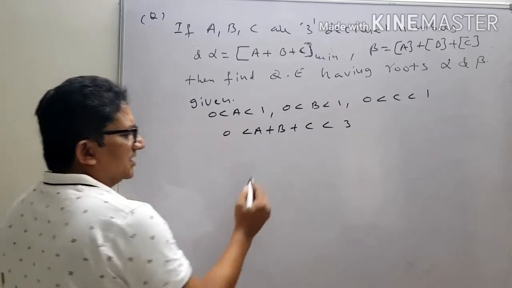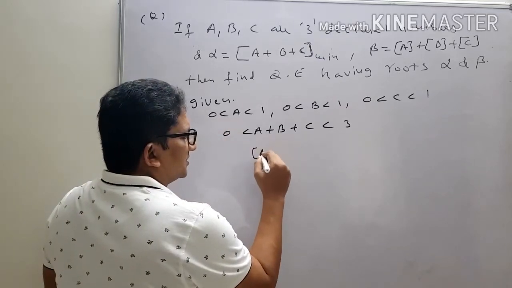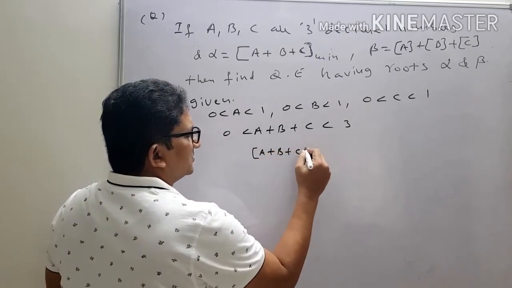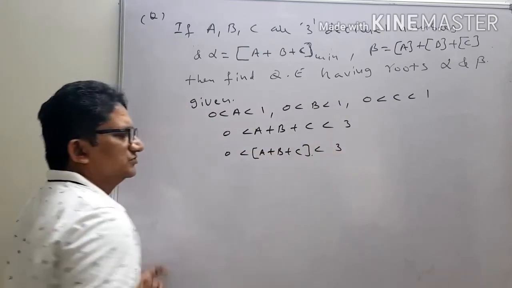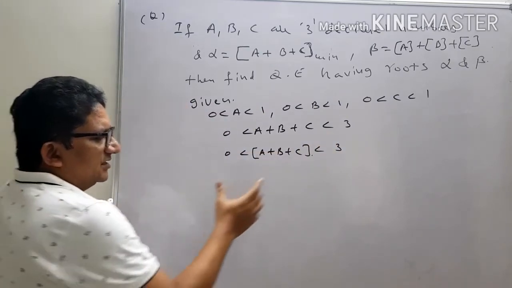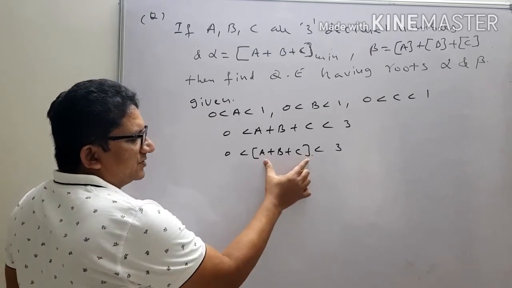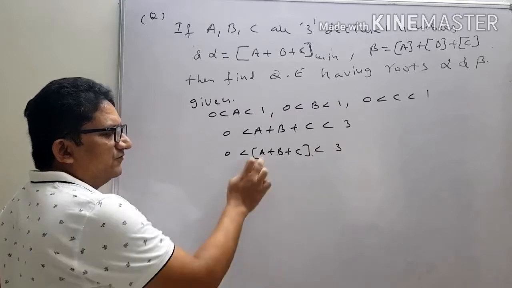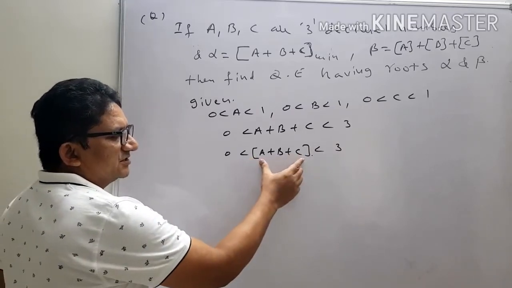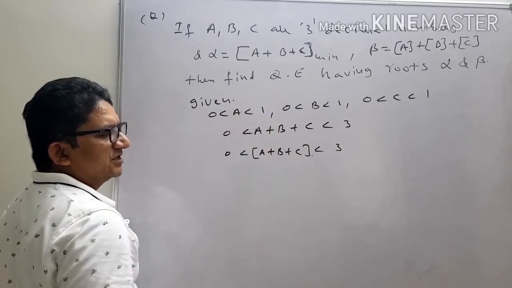Now [a plus b plus c] lies between 0 and 3. We know that the step function output is always an integer.